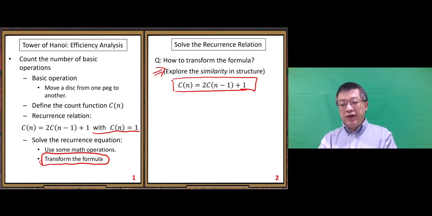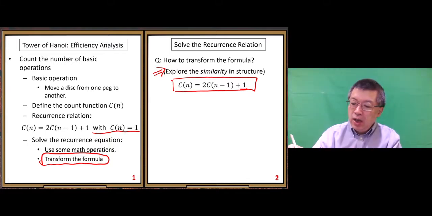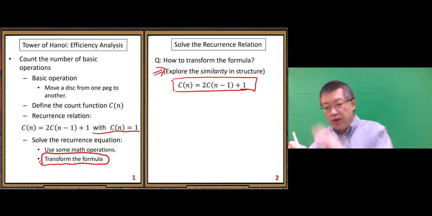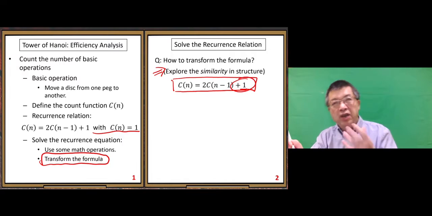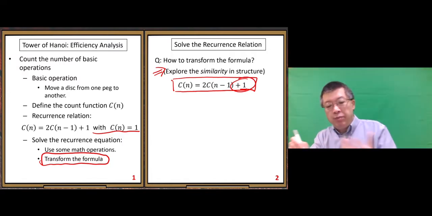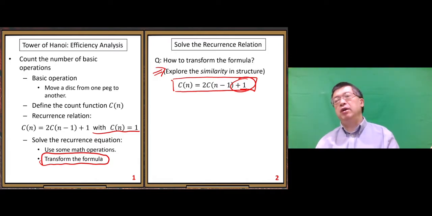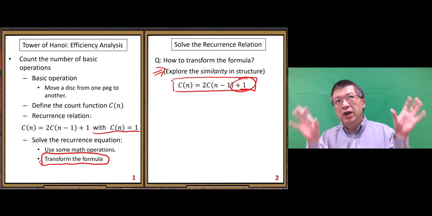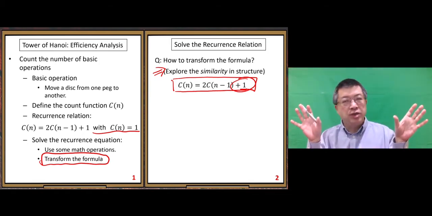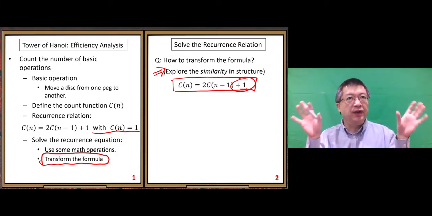From our observation, we notice the right-hand side of the equation has a +1 term. But for the left-hand side, we don't have that +1 term. That means the two sides, from the structure point of view, are not quite similar.